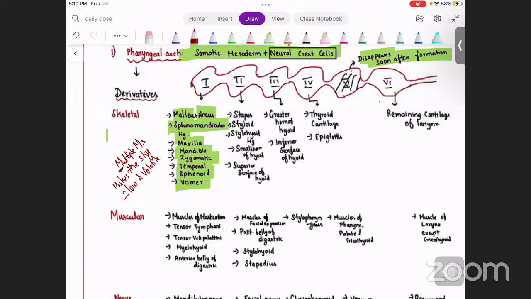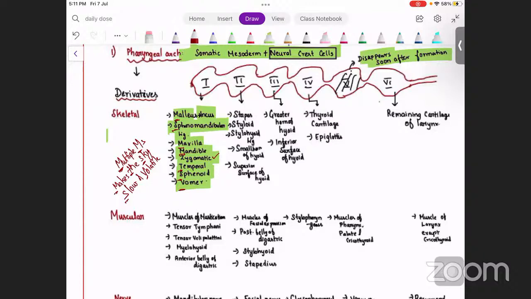M stands for malleus, another M stands for maxilla, another M stands for mandible, and T stands for temporal, and S stands for sphenomandibular ligament and the sphenoid bone, and V stands for vomer bone. Apart from that, you have to remember the zygomatic alone.